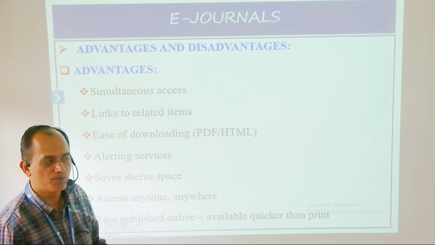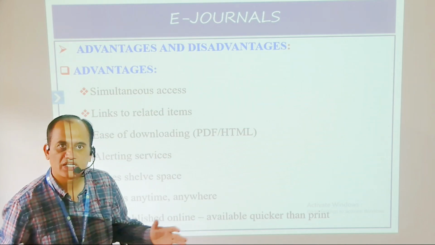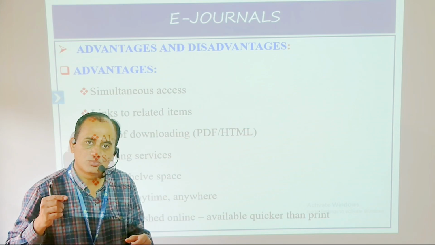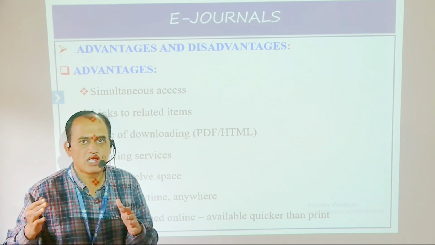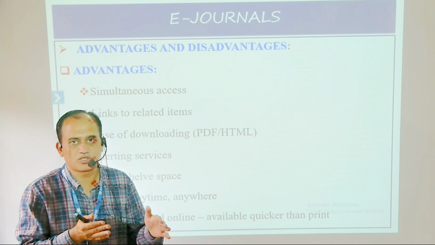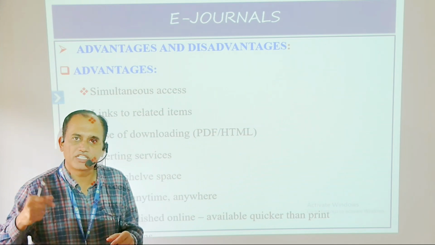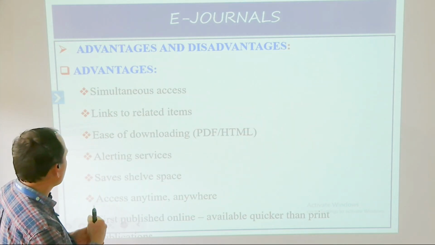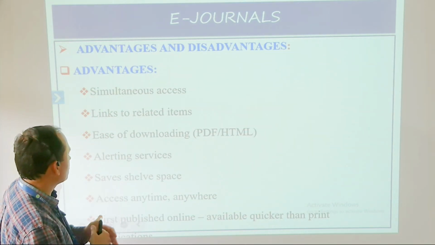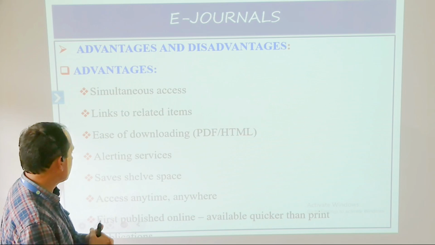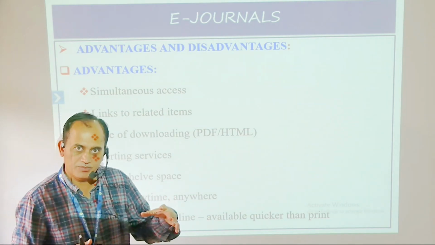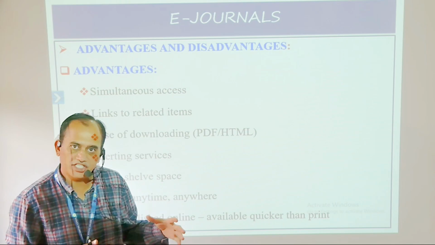So you can go ahead with that particular journal, check that research article and which ones are related to it. For those who have cited that particular research article, you can click on that link and have more access to research papers. Alerting services, saving shelf space, access anytime anywhere. This is a very important advantage of e-journals.